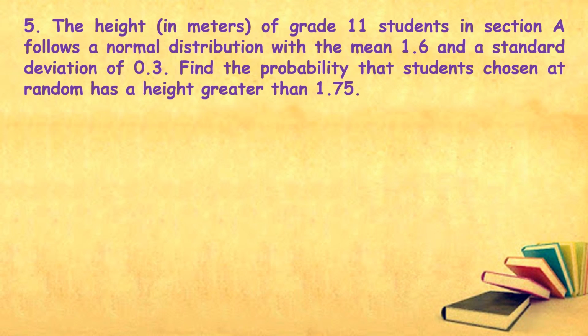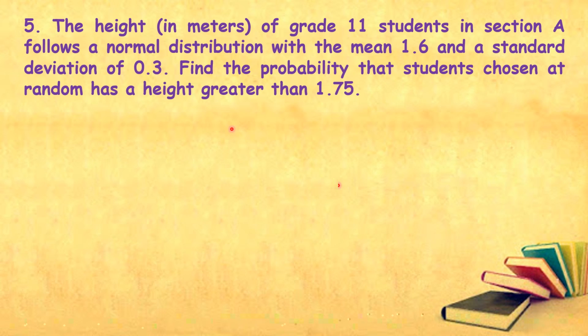Example 5. The height in meters of grade 11 students in section A follows a normal distribution with the mean 1.6 and a standard deviation of 0.3. Find the probability that a student chosen at random has a height greater than 1.75.